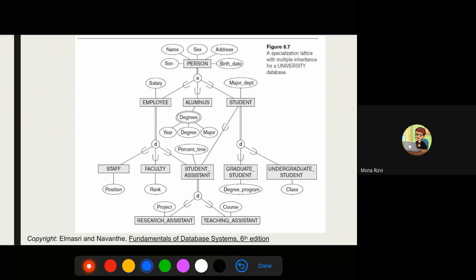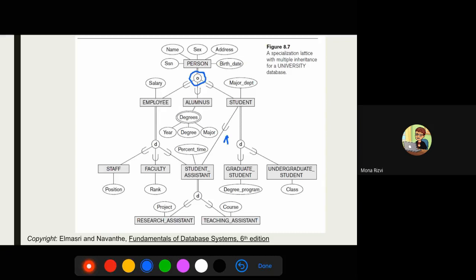And the first specialization hierarchy is this one. Also, I note to you that here's this notation with the kind of upward facing U, where in mine it was an arrow like UML. So this top one, we say people can be employees, alumni, or students.